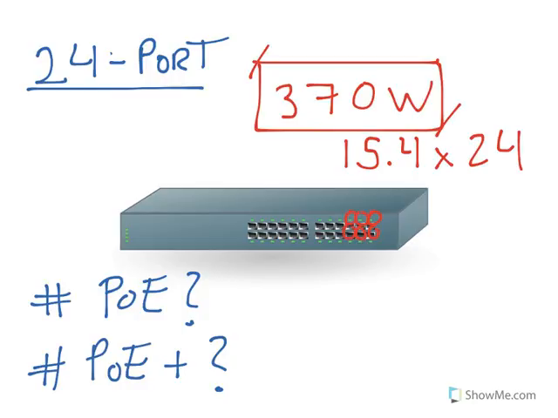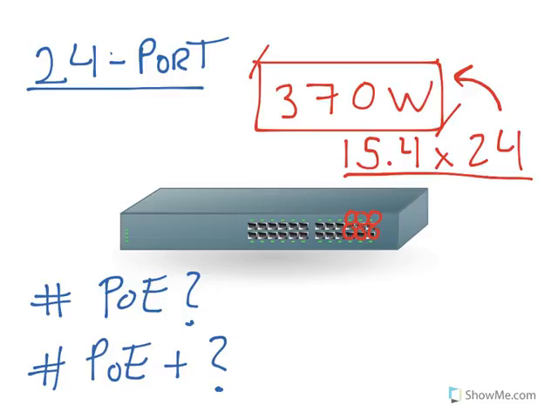Now, if the switch is a PoE Plus or 802.3at compliant switch, it means that every single port is capable of providing PoE Plus or 30 watts per port. And obviously, they are capable of providing 15.4 watts as well. If we do the math here, 15.4 times 24 gives us 370 watts.